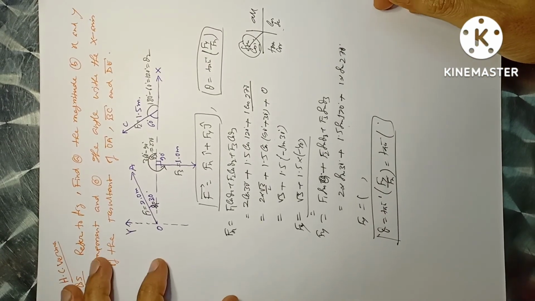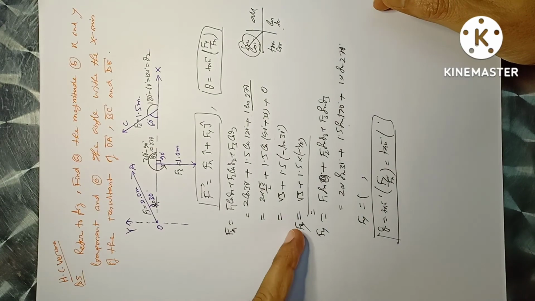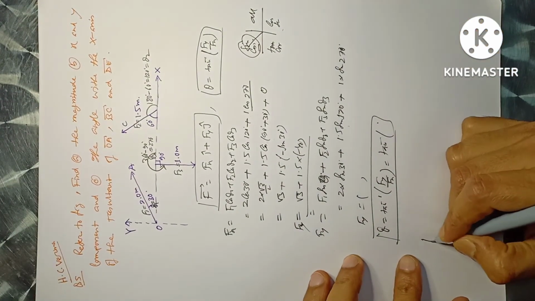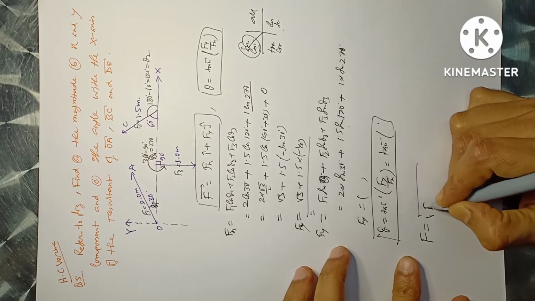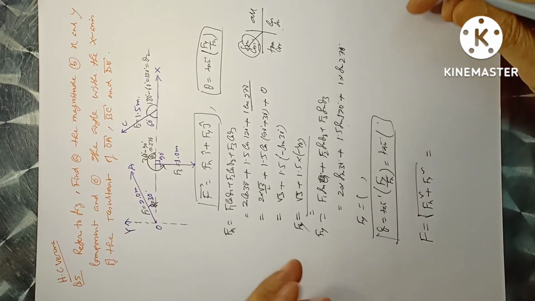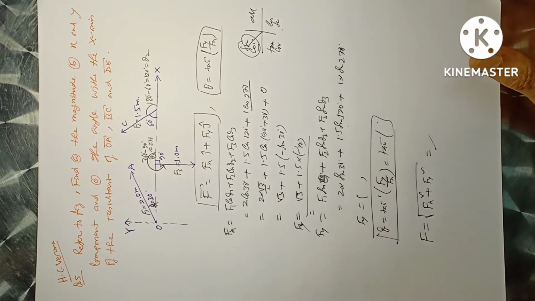This is a very simple method. And the x component and y component are these, and the magnitude f equals root of fx square plus fy square. Just substituting the values of fx and fy, you get the result. This is very simple. I just do not want to waste your time.